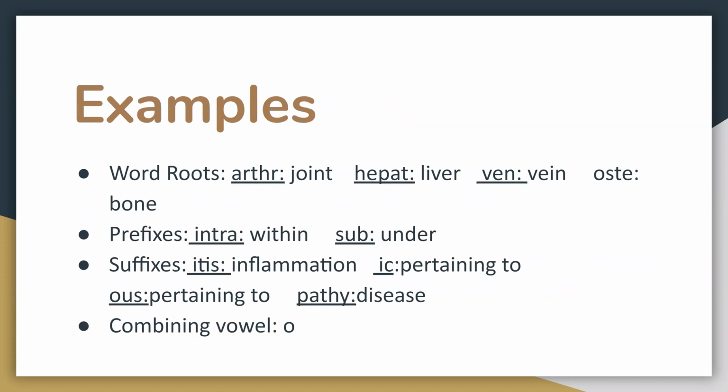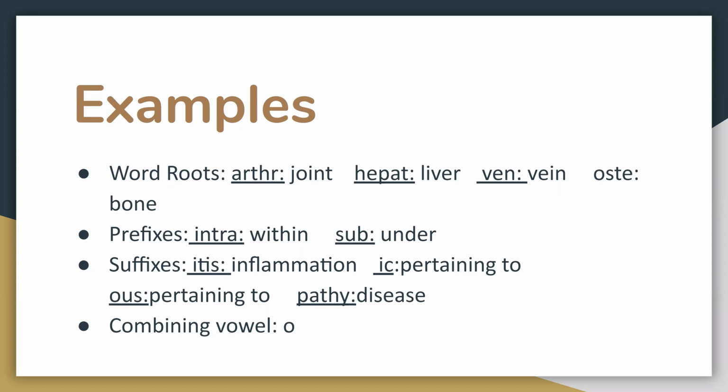Here are some examples. So let's say you have the word root arth, which means joint. Or you have the word root hepat, which means liver, or ven, which means vein, or osti, which means bone. All we are going to do is add a prefix. Some common prefixes are intra, which means within, or sub, which means under.